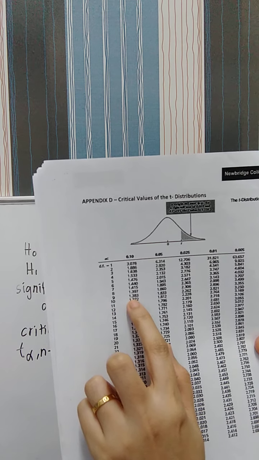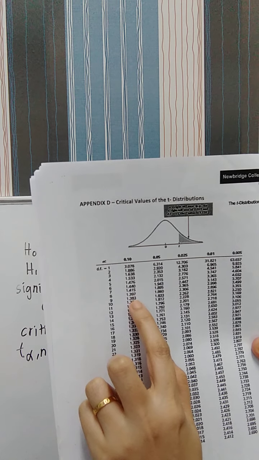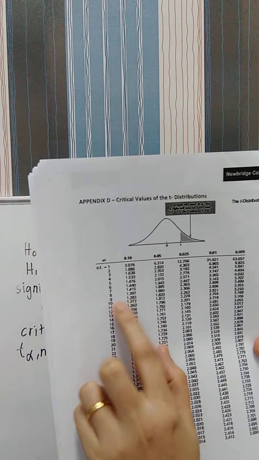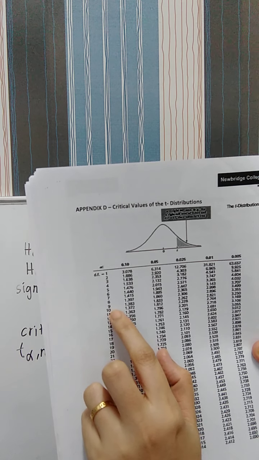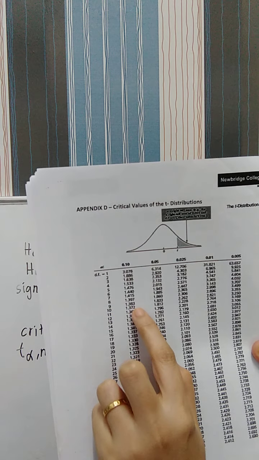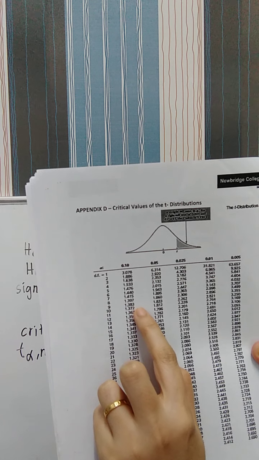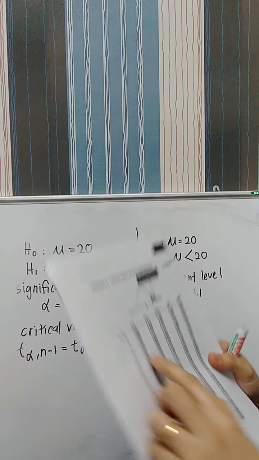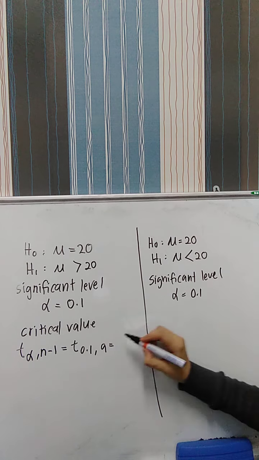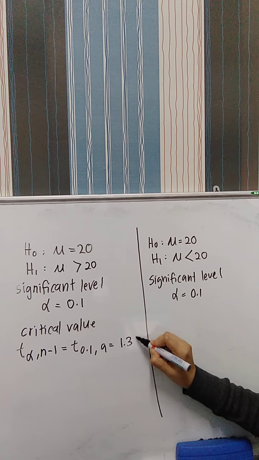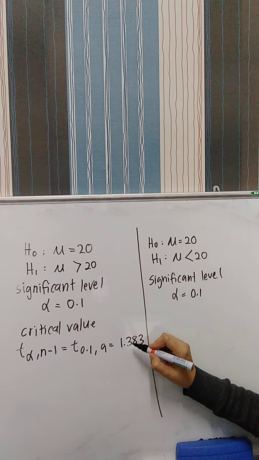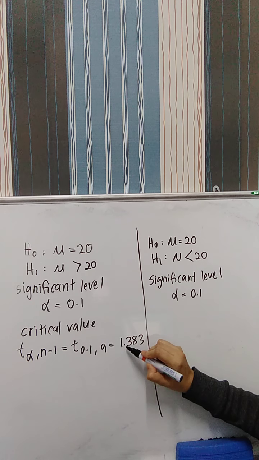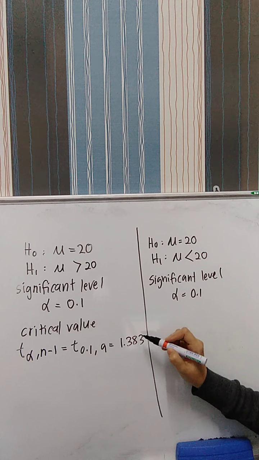So 0.1 for alpha and n minus 1 is 9. The correct answer is 1.383. Also make a correction for your note: the correct answer is 1.383.